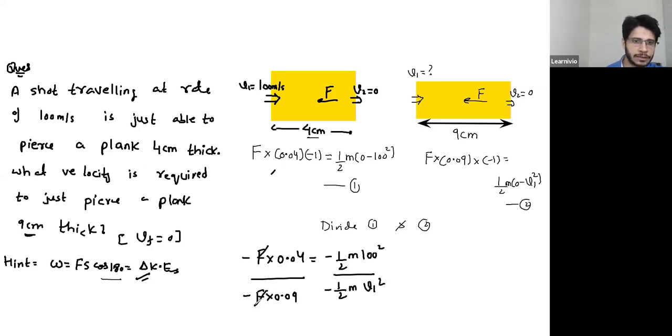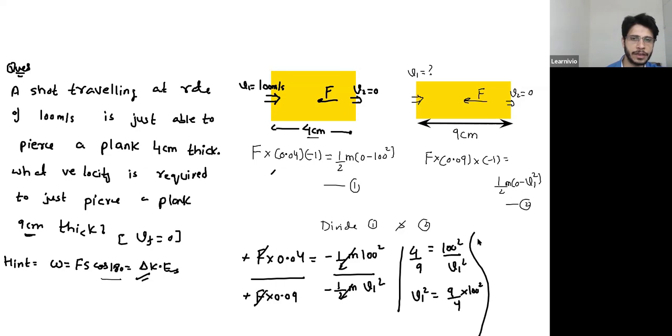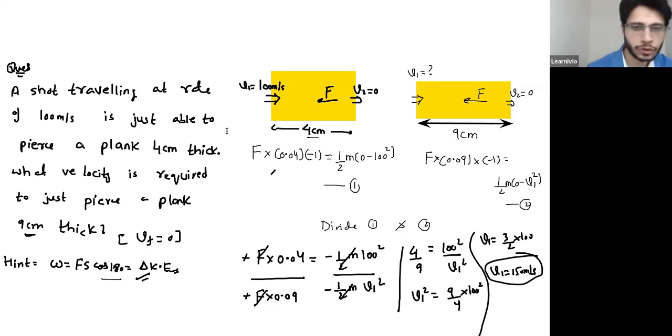So this F will cancel this F, minus half m will cancel this minus half m, negative sign will cancel this negative sign. It's 4 by 9, which is v1 square divided by v2 square. So v1 square is 9 by 4 multiplied by 100 square. If I take root, then v1 will be 3 by 2 into 100. So your v1 will be 150 meter per second.